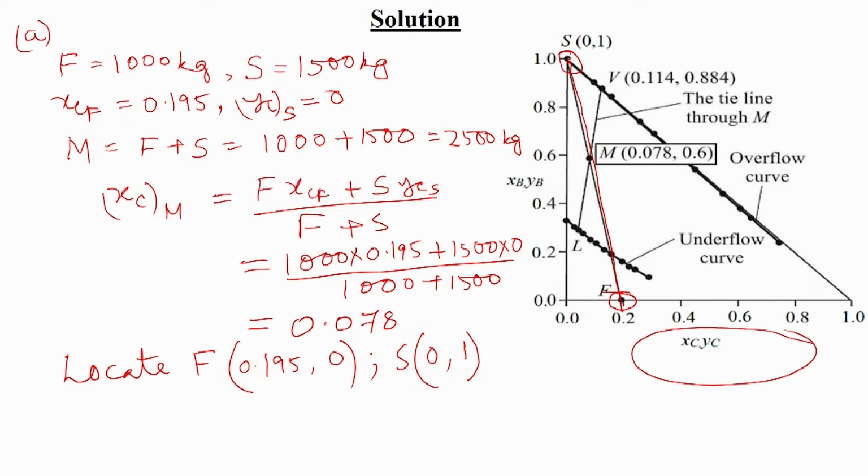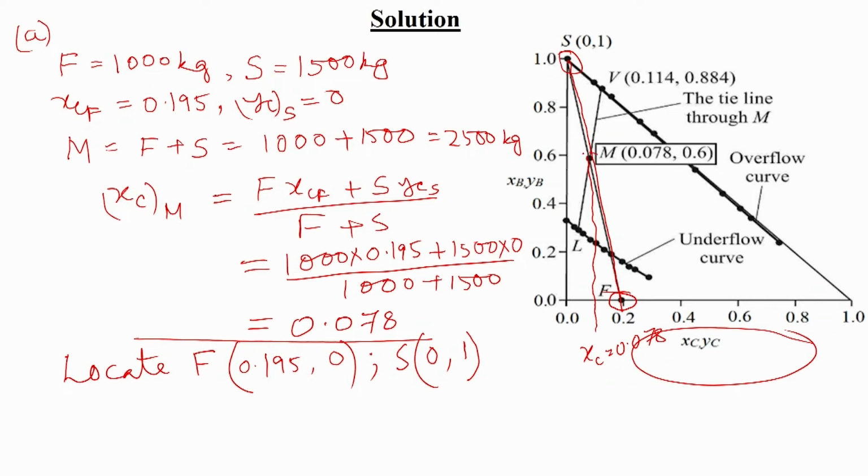So, we need to join this S and F, and now we have this XCM, that is 0.078. So, somewhere it will be like this. We will come to this point, where XC is equal to 0.078.